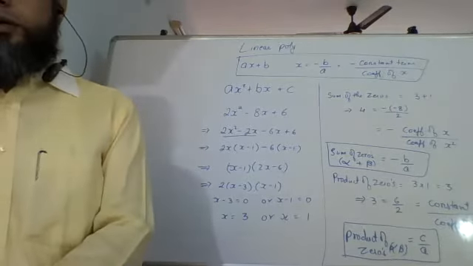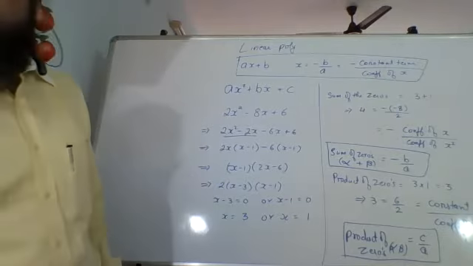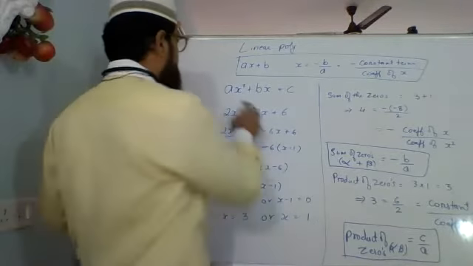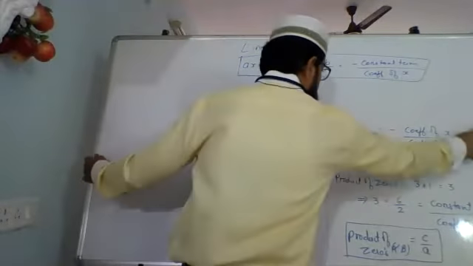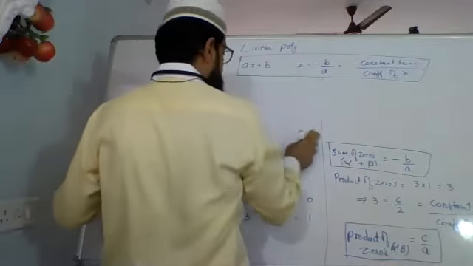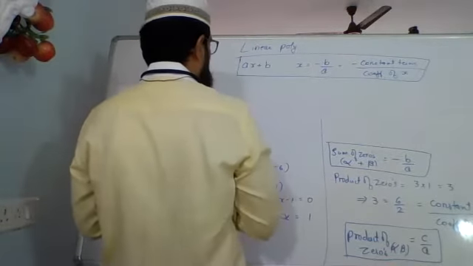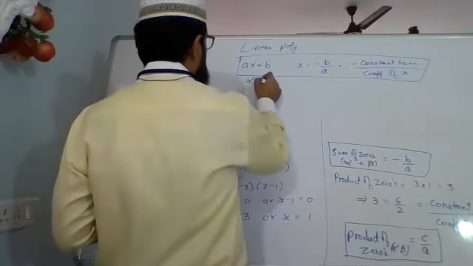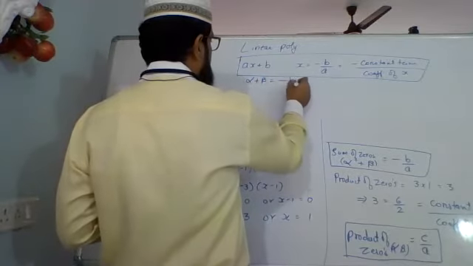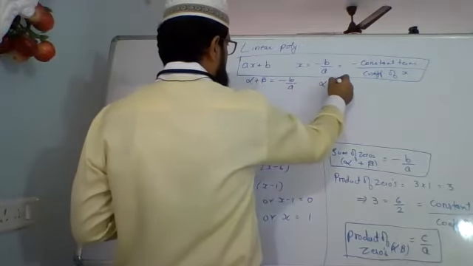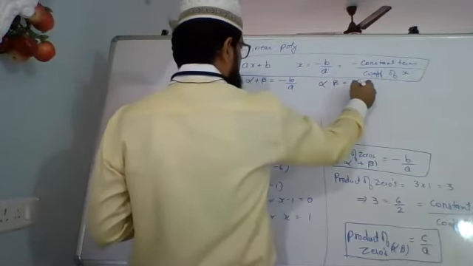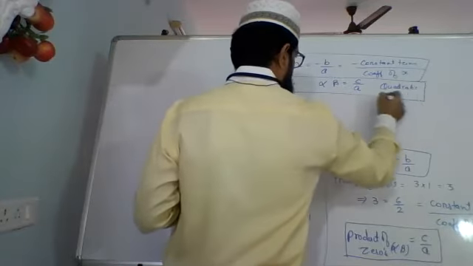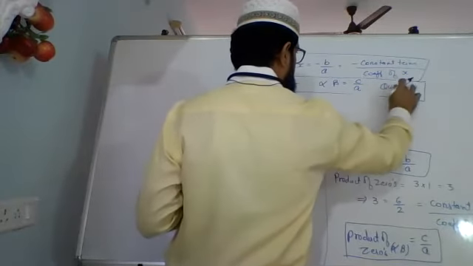If you have understood this, then we are going to use some examples. So I'll erase this, and I'll just write it at the top so that we know what we are talking of. Alpha plus beta equals minus b upon a, and alpha into beta equals c upon a. This is in case of quadratic polynomials.